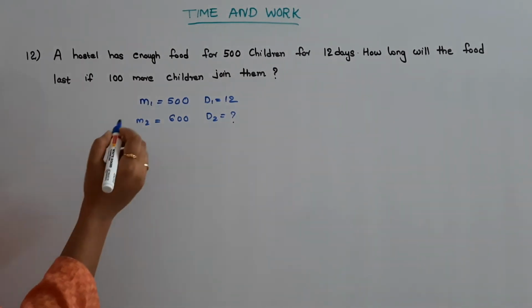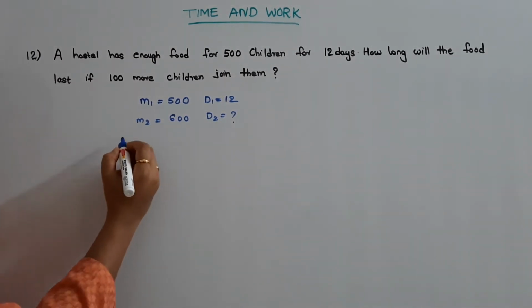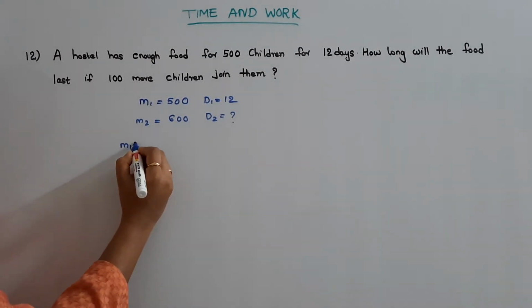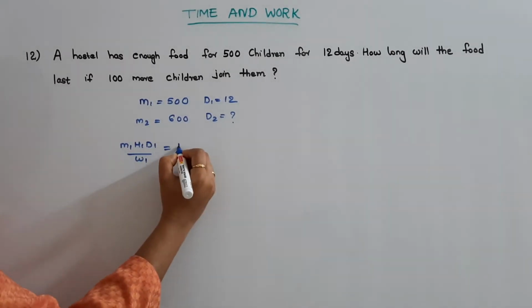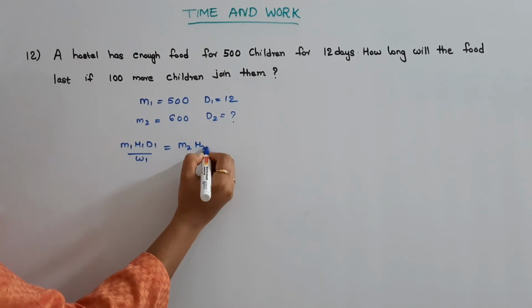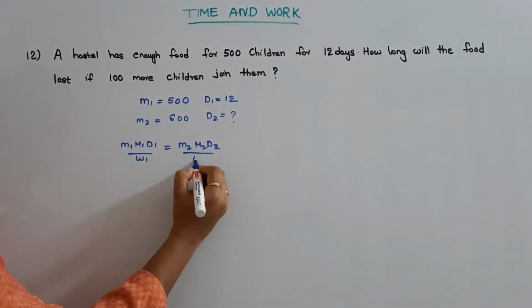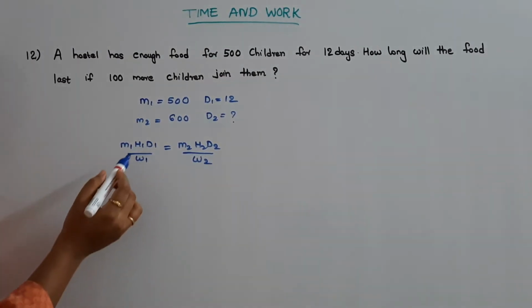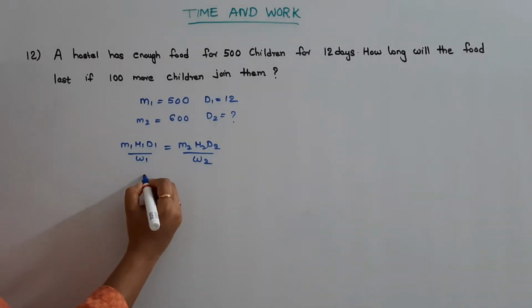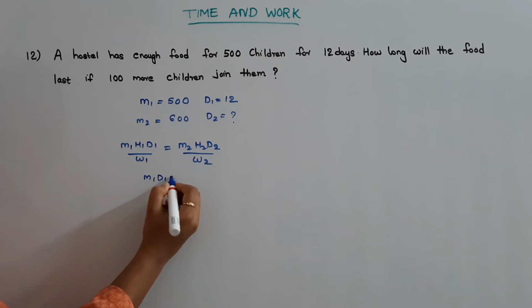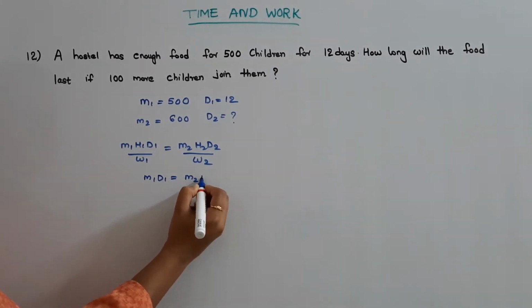Here also we need to use the same formula, that is M1 H1 D1 by W1 is equal to M2 H2 D2 by W2. But in this question H1 and W1 are not given, hence we can neglect them. Then use this one, M1 D1 is equal to M2 D2.